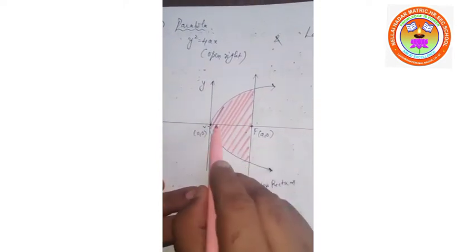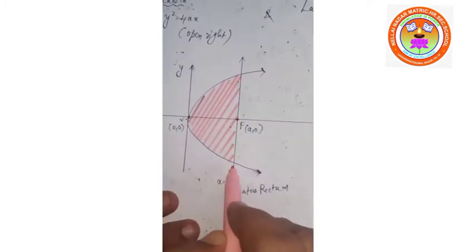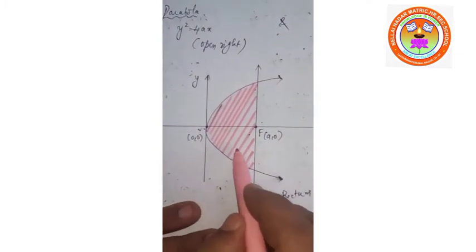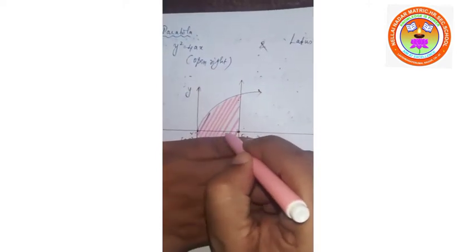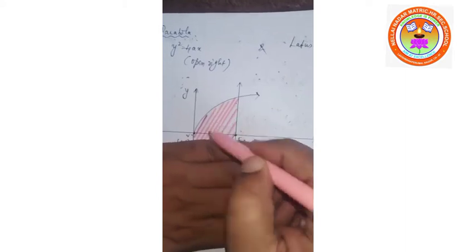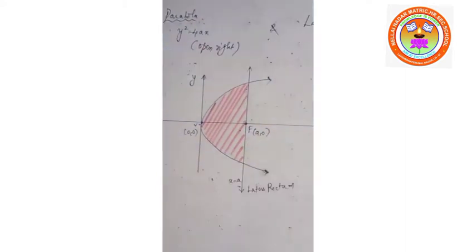Particularly, area in the first quadrant and area in the fourth quadrant are the same, so I am going to find the area of the region in the first quadrant. After that we can multiply it by 2, because the same area lies in which quadrant? Fourth quadrant.